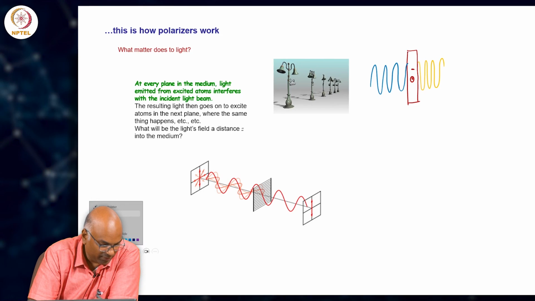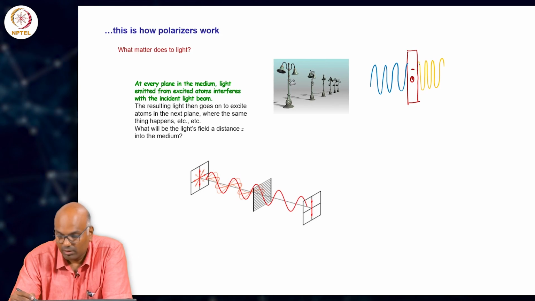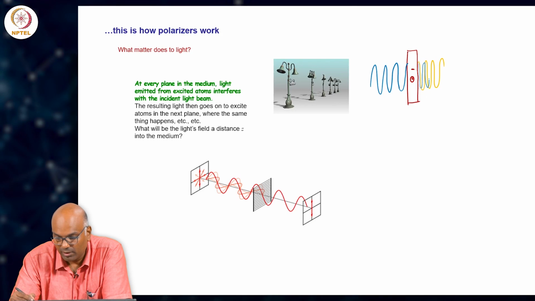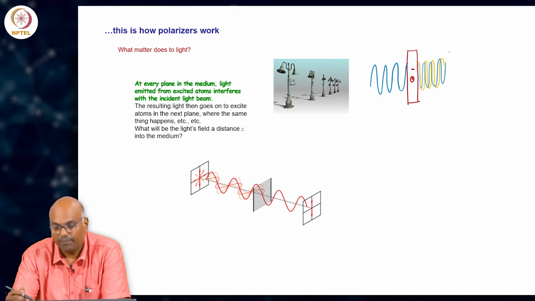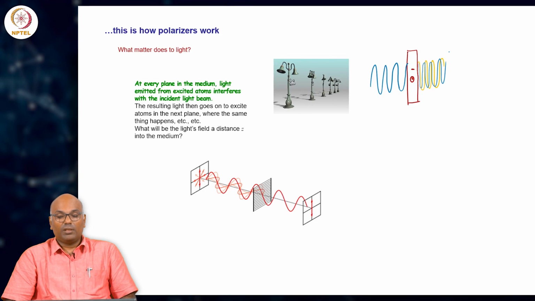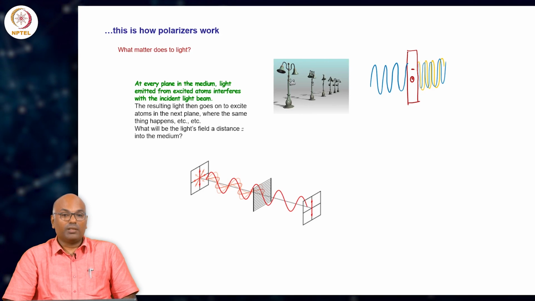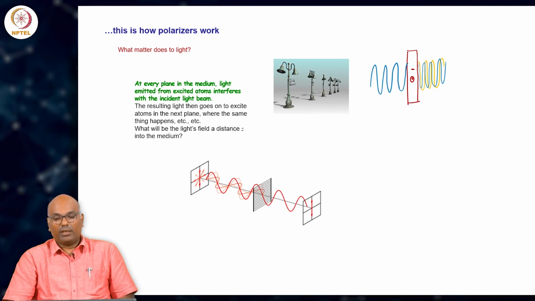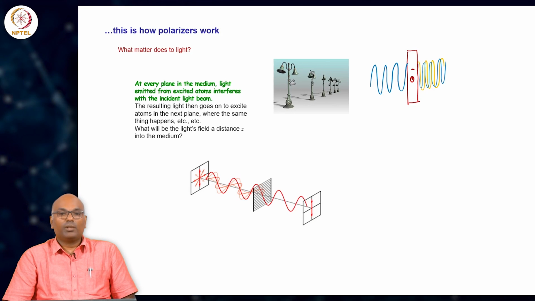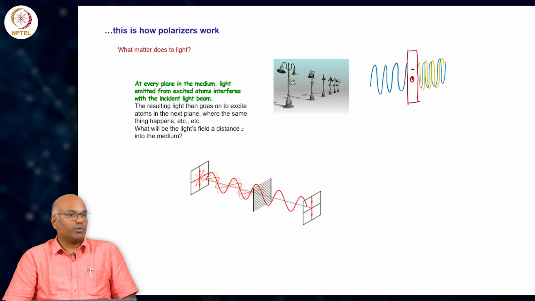The other wave is essentially the other aspect, the incident field itself. Okay, I can imagine that this can appear to be confusing if you wish.